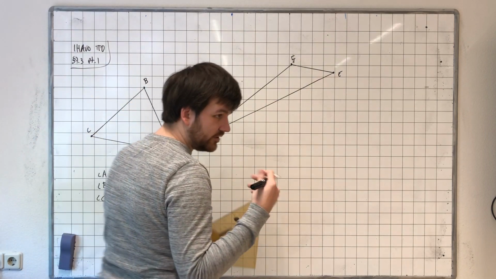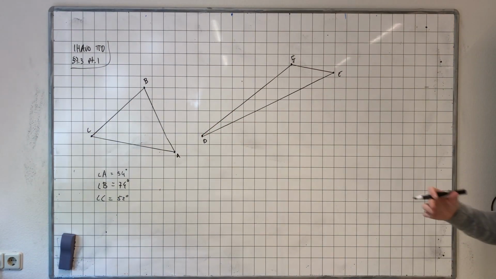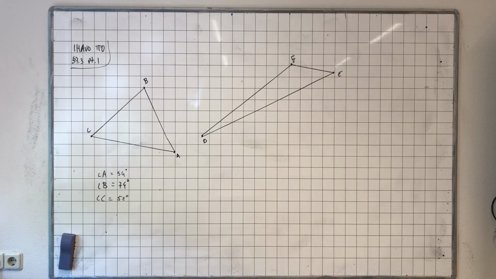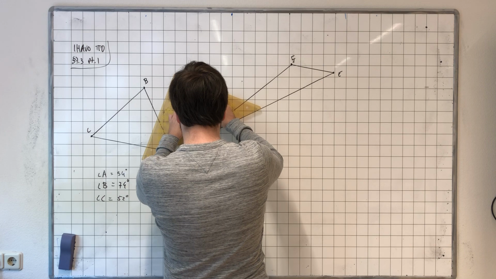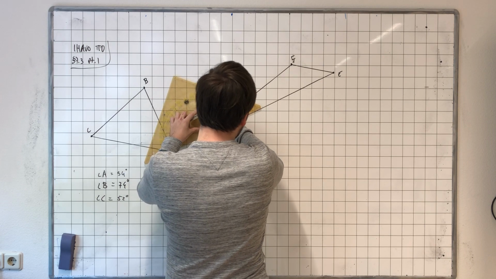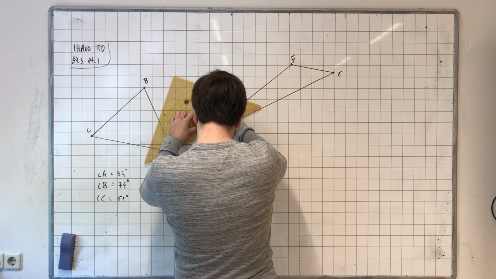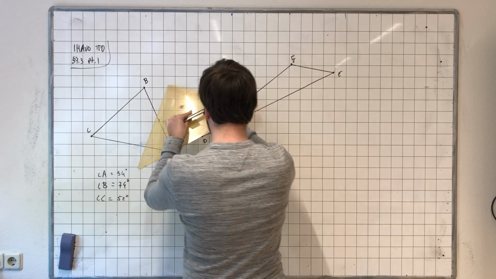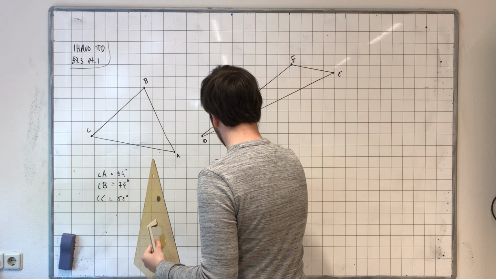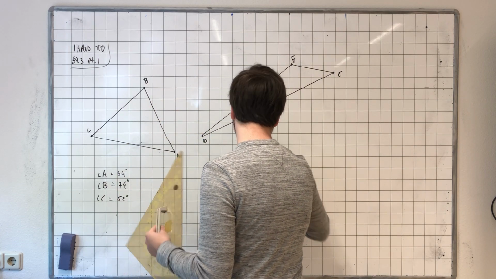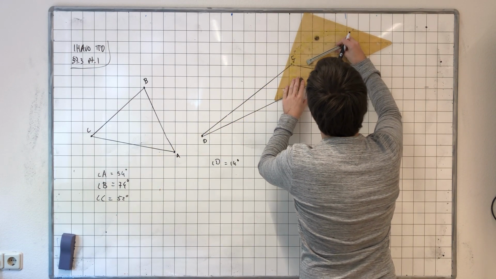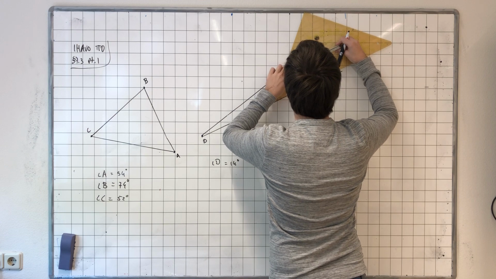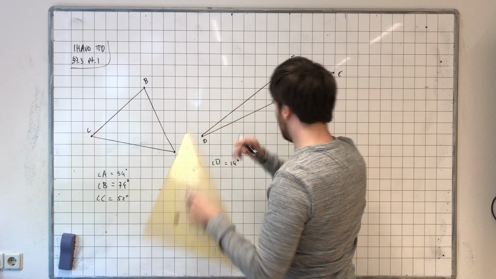Maybe you already have an idea about that, but if you don't, let's look at the other triangle before moving on. I'm going to measure angle D first, which is a pretty small angle. It's only 14 degrees. Angle E, let's see, it's 38.